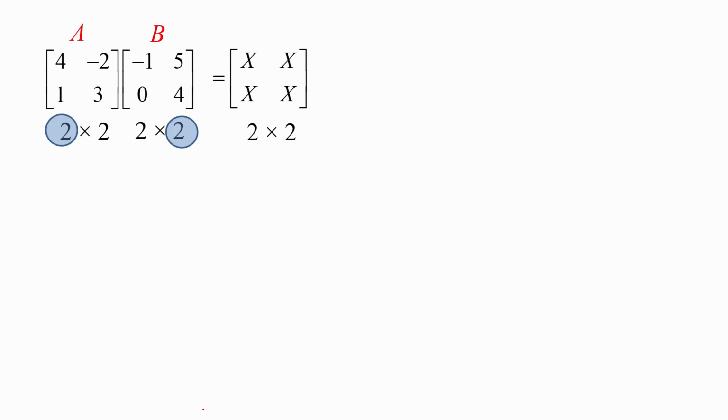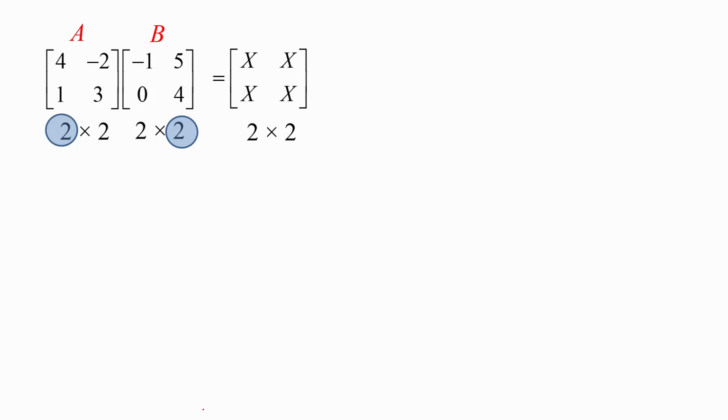What about this one? Matrix A is a 2 by 2, matrix B is a 2 by 2. So the answer will have 2 rows and 2 columns. We're going to work out the 4 elements that are in the matrix product, shown there with 4 X's. Okay, so we start with the first row and the first column.